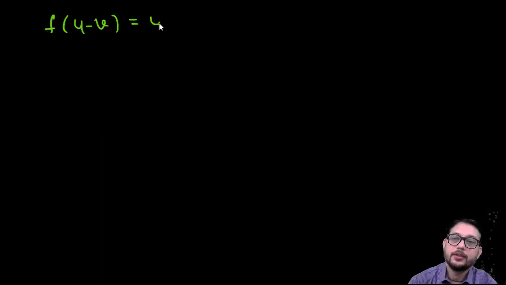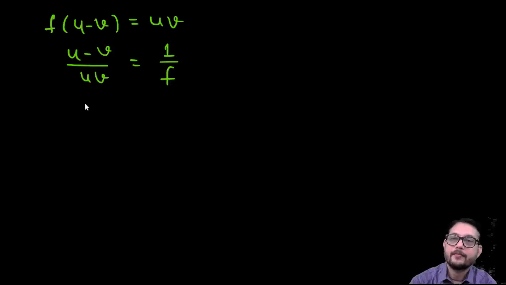It can be rearranged so that UV divided by F times UV gives 1 upon F. Then it can be rearranged again as U upon UV minus V upon UV, and that is 1 upon F.